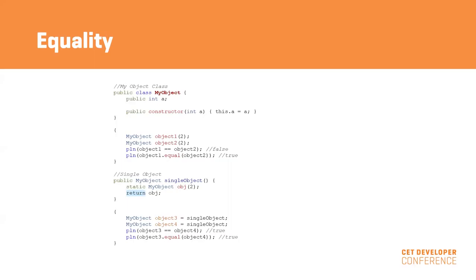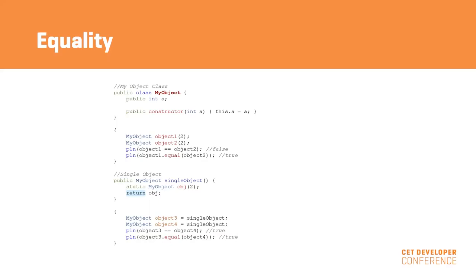Here you can see I've created two instances of my object. They have the same field values, but object 1 and object 2 are different instances. So the double equals will return false here, but dot equals will return true, because I have field A for both of them and it equals 2 for both.